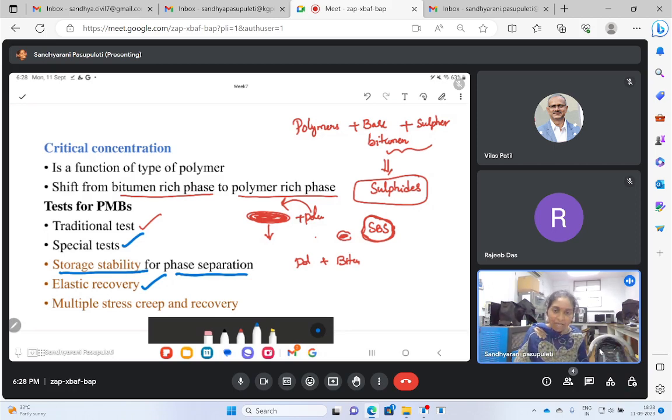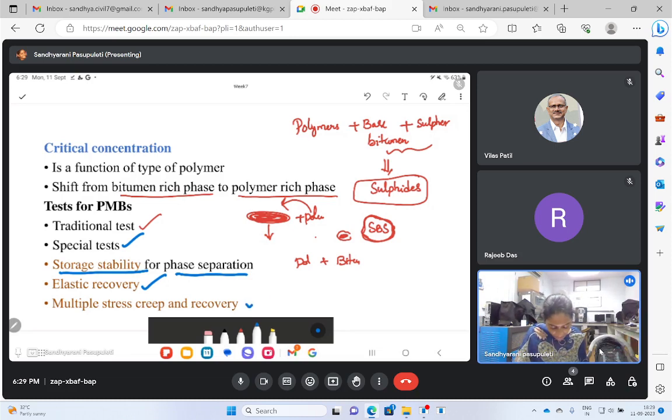This benefit matters when we have higher vehicular stresses applying more stress to the pavement surface. If you provide the recovery period, even though there was a strain in the initial stages, after a particular amount of time the modified binder can recover. So what is the amount of elastic recovery that is produced because of adding the polymers?